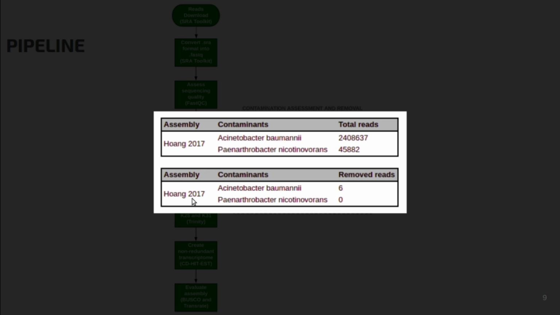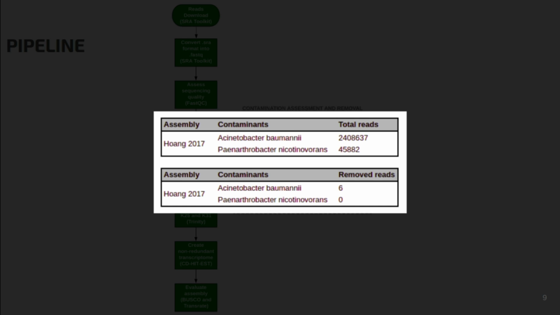But after the reads go to BBDuk to do the contamination trimming, we can see that only 6 reads were removed for one organism, and none of the reads were removed for P. nicotianae. And this happens because we have a high rate of false positives in the detection of contaminants, or we are having low performance in the contaminant removal step.